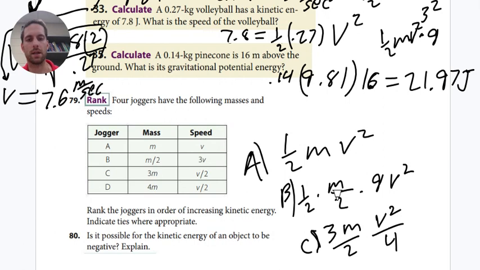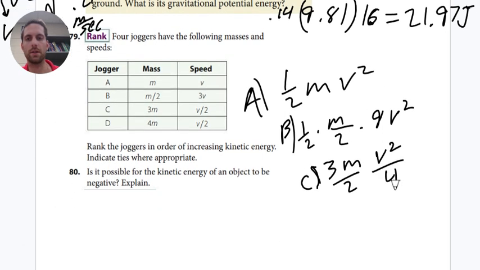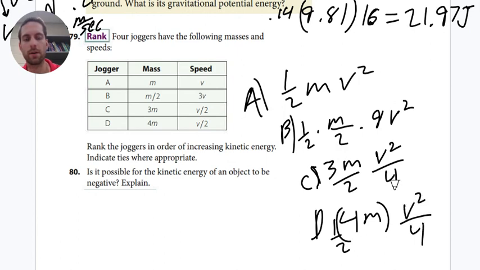And then we have D. So 4m over 2 times v squared over 4, which is going to cancel with this one. So it looks like D is the same as A.